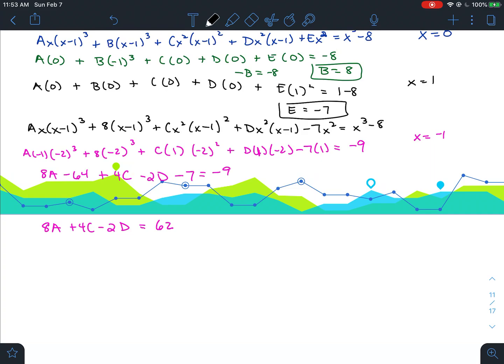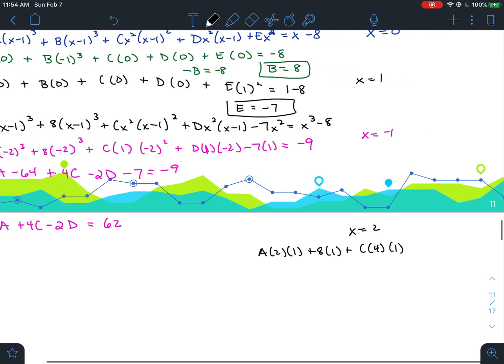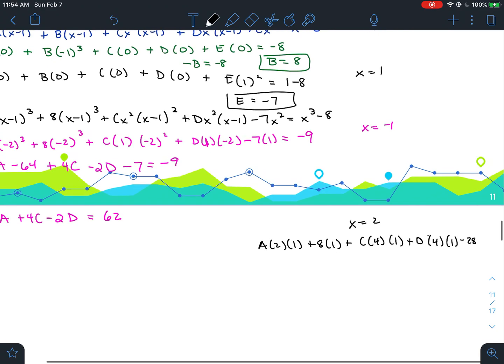And so now let's do it again, but let's do x equals 2. So if I let x be 2, this would be a times 2 times 1 plus 8 times 1 plus c times 4 times 1 plus d times 4 times 1 minus 28 is going to equal 0.